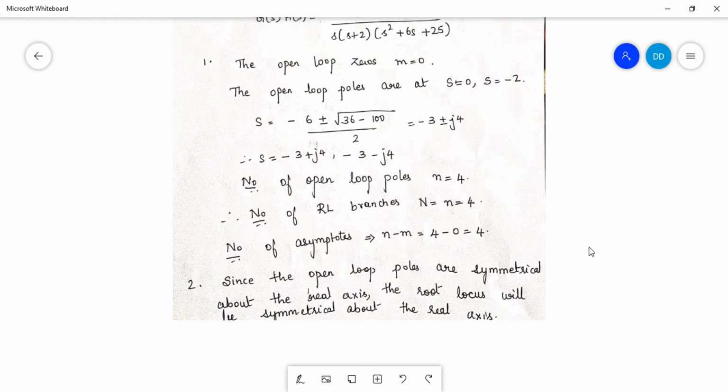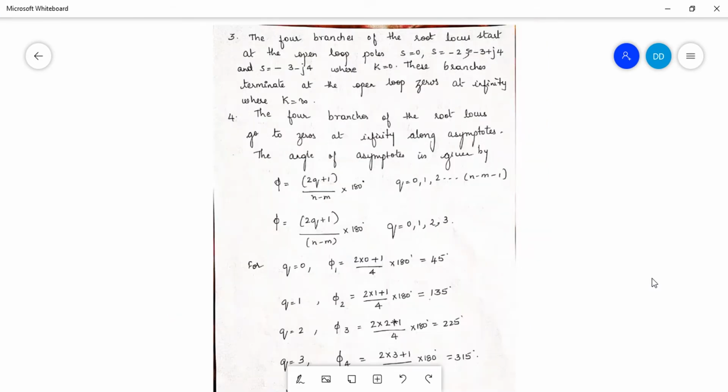Next, the third one is we need to find the point at which the branch starts and at which it is going to terminate. The 4 branches start at the open loop poles s equal to 0, s equal to minus 2, s equal to minus 3 plus j4 and s equal to minus 3 minus j4.